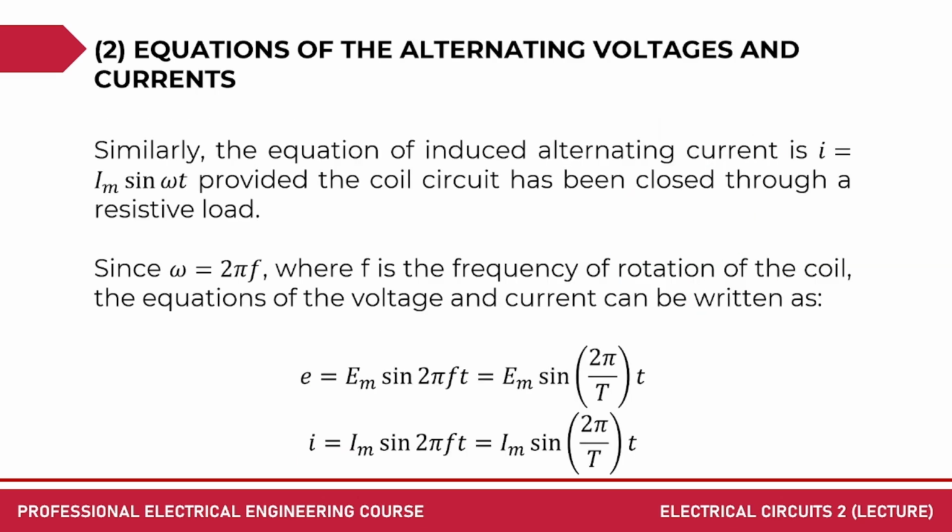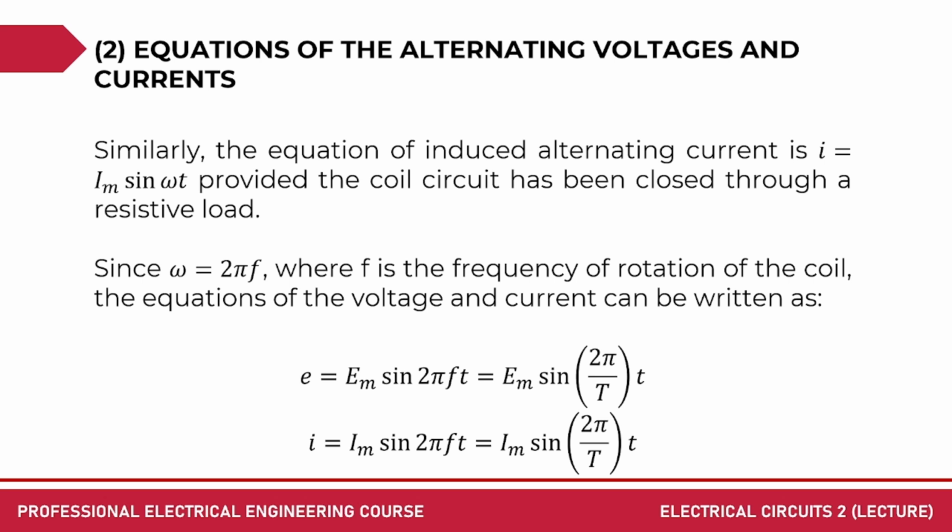Similarly, the equation of induced alternating current is i equals I sub m sine omega t, provided that the coil circuit has been closed through a resistive load. Now, since omega is 2 pi f, where f is the frequency of the rotation of the coil, the equations of the voltage and current can be written in this way.